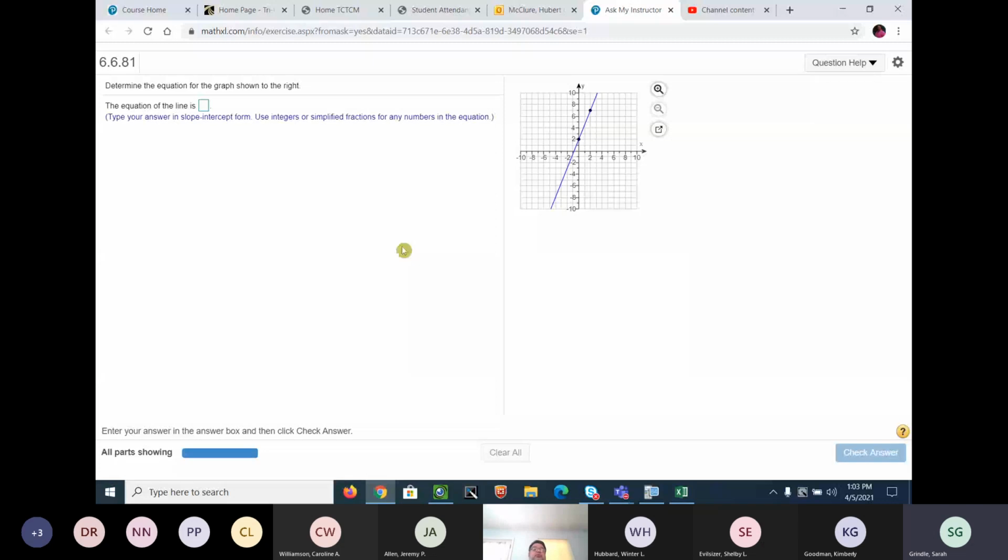Okay, last 2 pages. They give us 2 points. 0, 2. That's that 1 point down at the bottom. And then 2 and 7.